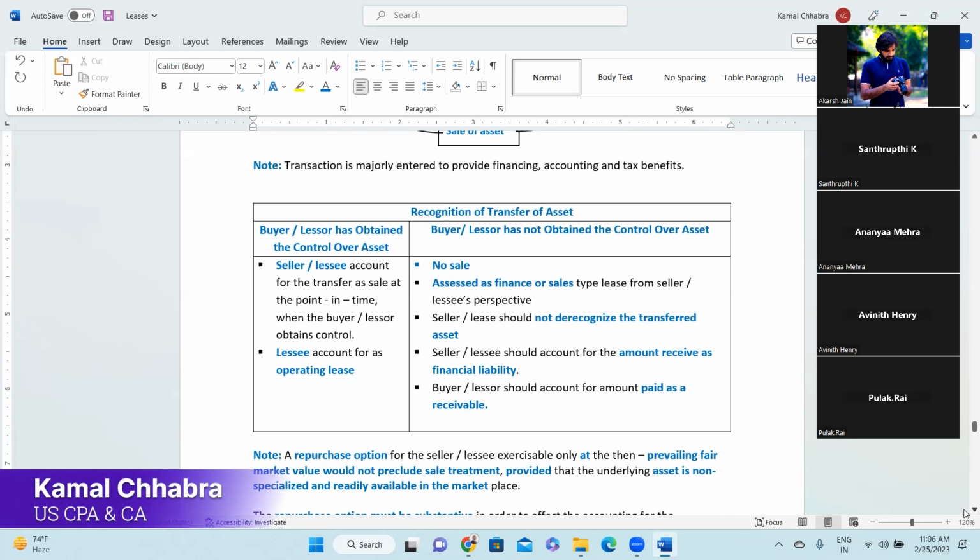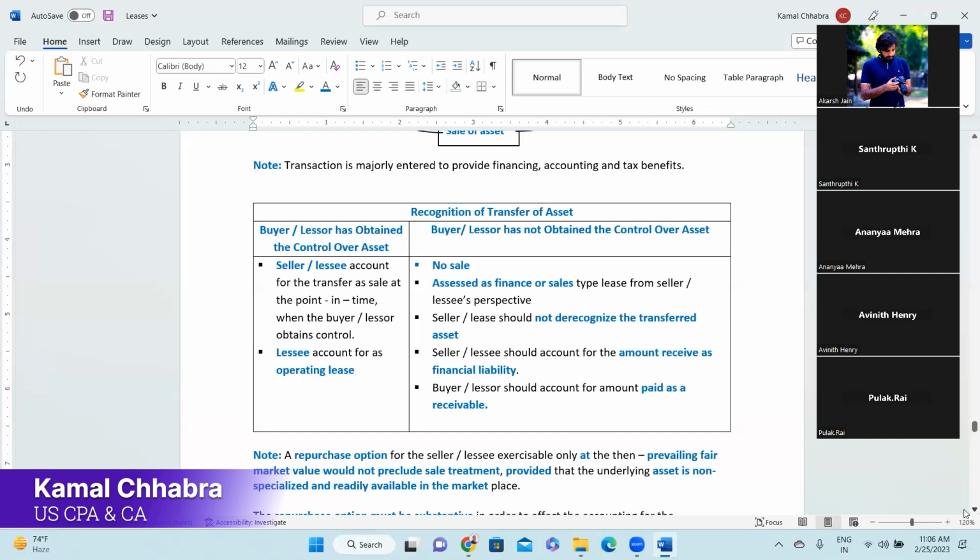So when you are selling the asset, there may be a situation where the control is obtained by the buyer or lessor, or there might be a possible situation that you remain in control of that asset despite the fact that you have sold it.